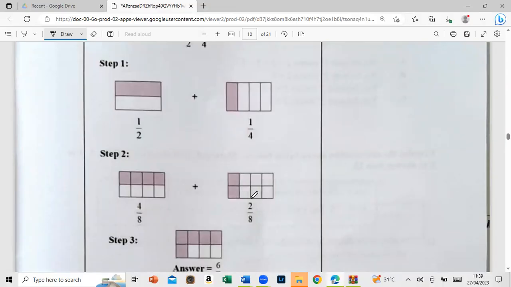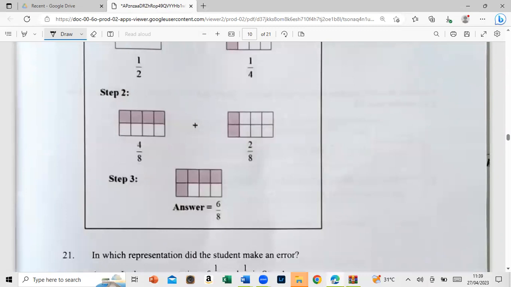So that's 2/8, the same as a quarter. So I'm not seeing any error so far. Oh, 1, 2, 3. Okay, this would be this. Because you have 1, 2, 3, 4, 5. Okay, guys, you have to look carefully, you know. It's 5/8, right? So it's step 3.